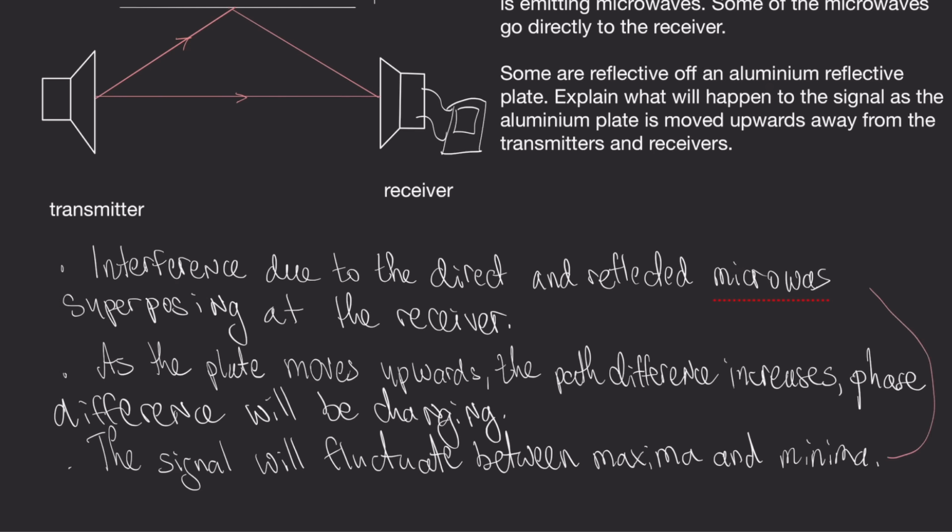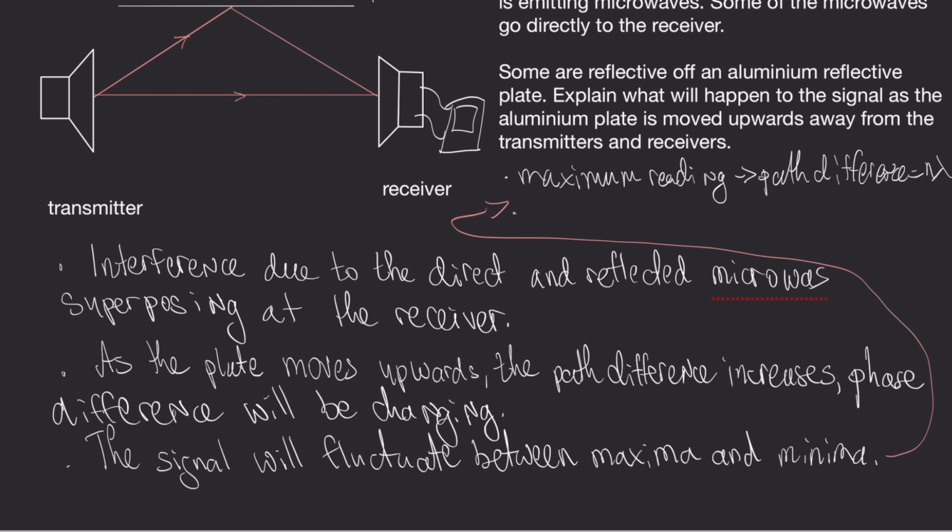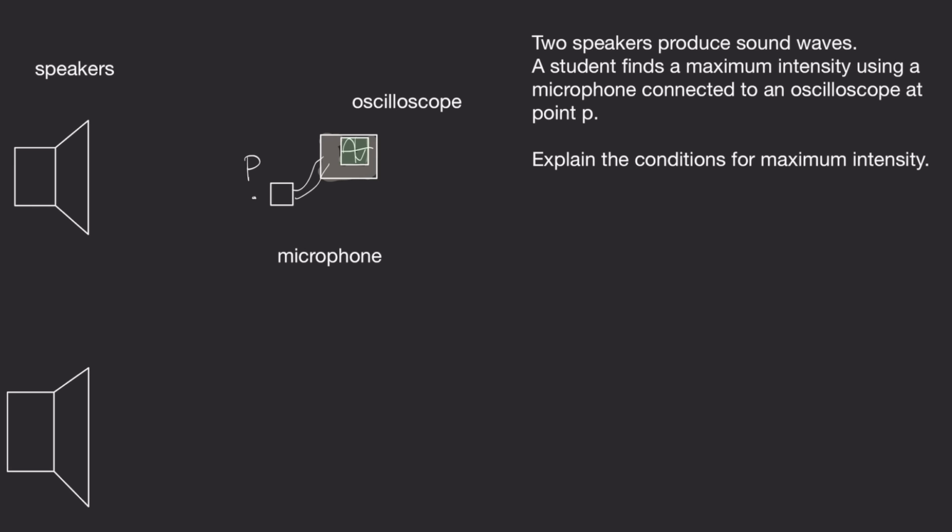I'm just going to carry on up here because I'm running out of space. Whenever there is a maximum, the path difference will be a multiple of the wavelength. And whenever there is a minimum reading, the path difference will be equal to n plus a half multiplied by the wavelength.